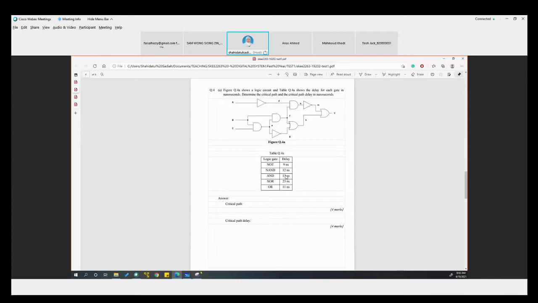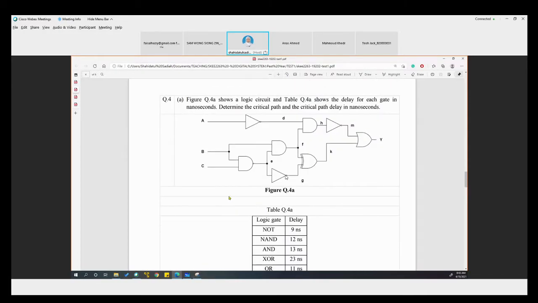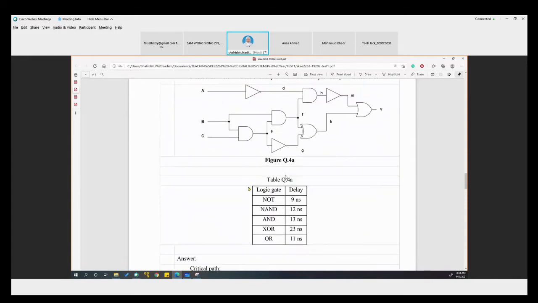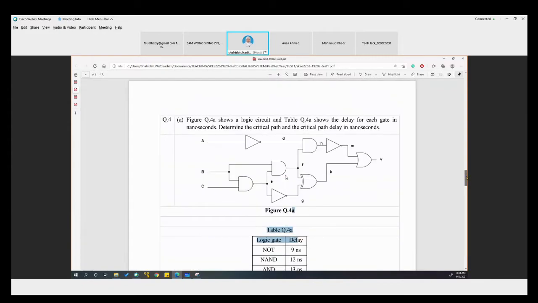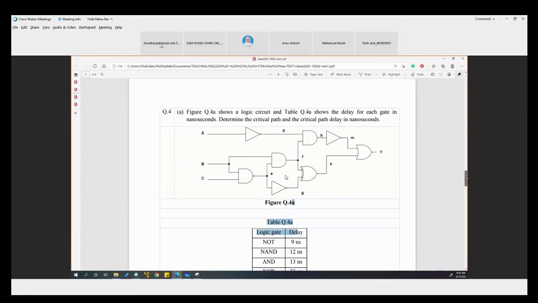We can use the same method to determine the CPD. The question asks you to determine the critical path and the critical path delay.